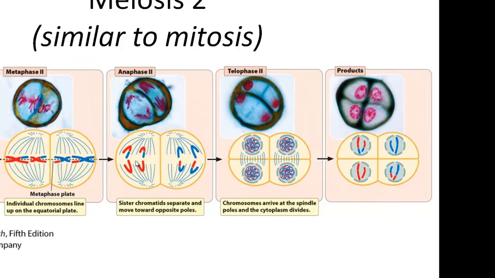During anaphase 2, those sister chromatids separate from each other. Okay, so now is when the kinetochore breaks down. And in telophase 2, those chromosomes arrive at the poles, the chromosomes decondense, the nuclear envelope reforms again, and cytokinesis occurs. And at the end of meiosis, you now have 4 cells, and each of them has a haploid number of chromosomes.